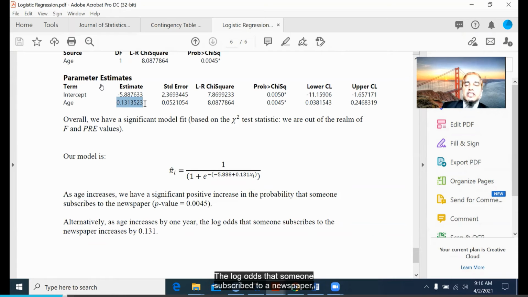So the log odds that someone subscribes to a newspaper increases by this. Make sense? Any questions? So those are the 2 points you have to keep in mind. We can interpret this in terms of the probabilities or in terms of the log odds.